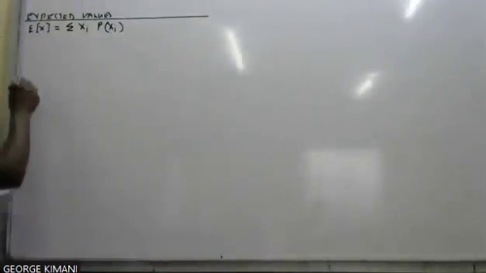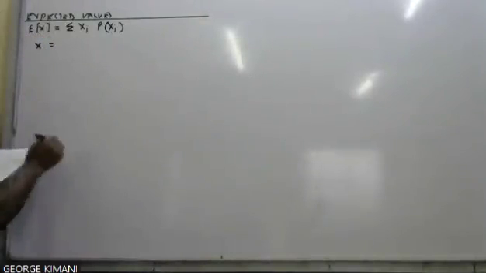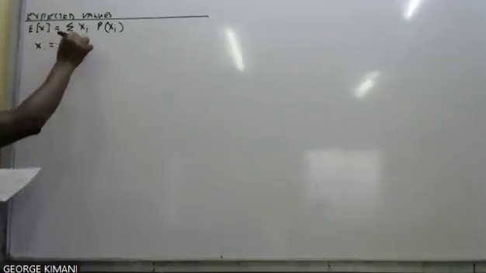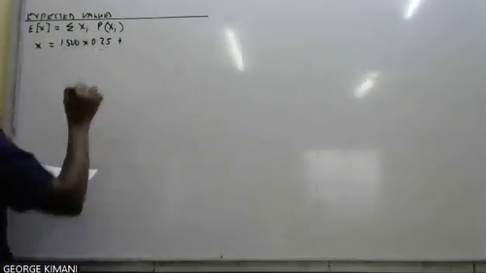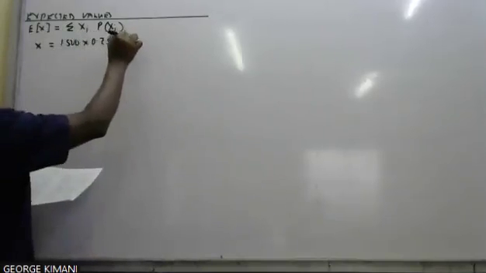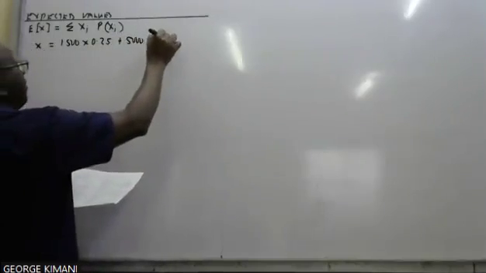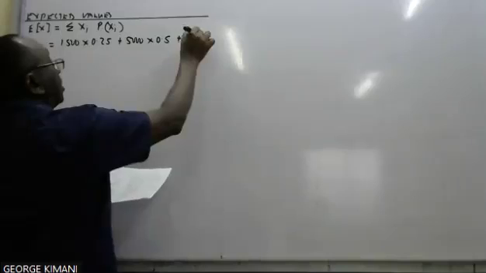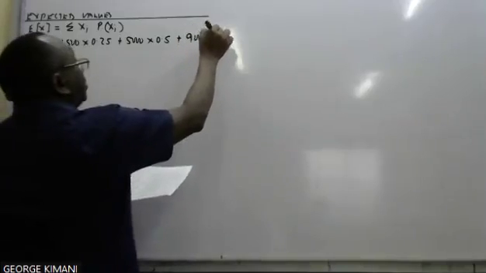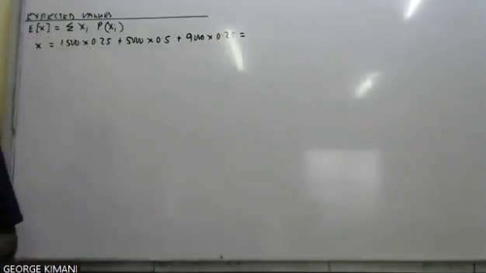Starting with project X, we will have 1500 multiplied by 0.25, plus 5,000 multiplied by 0.5, plus 9,000 multiplied by 0.25. Do that and give me the answer.